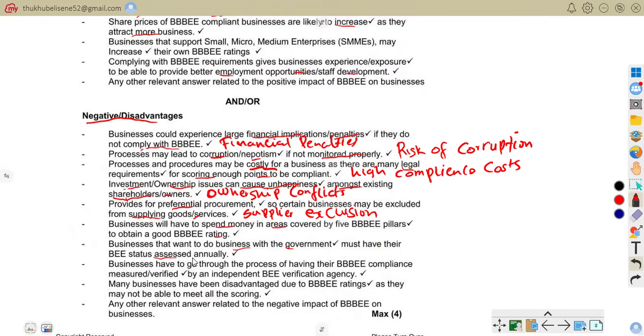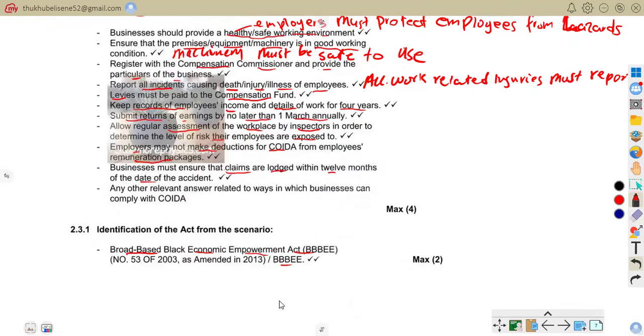Businesses have to go through the process of having their BBBEE compliance measured or verified by an independent BBBEE verification agency. Many businesses have been disadvantaged due to BBBEE ratings as they may not be able to meet all the scoring. So this is that, and we are to move on to question 2.4.